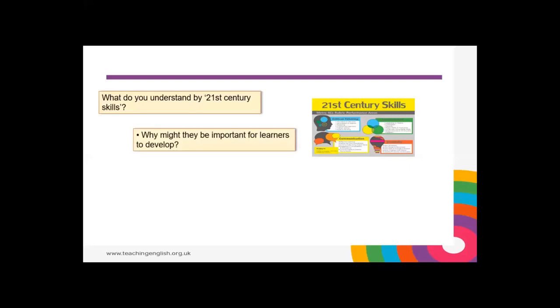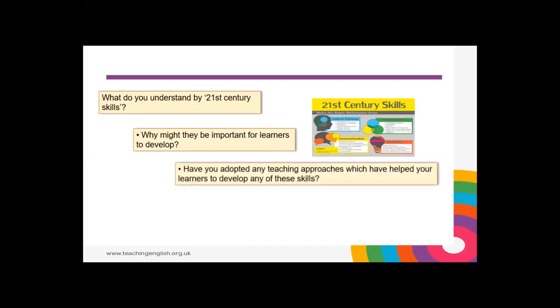Why should learners develop their 21st century skills? Have you adopted any teaching approaches which have helped your learners to develop any of these skills? Okay, can you answer these questions? Try to think about the 3 questions and let's compare your answers with my answer.